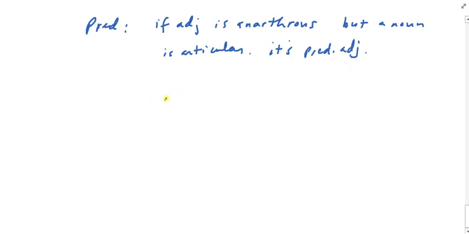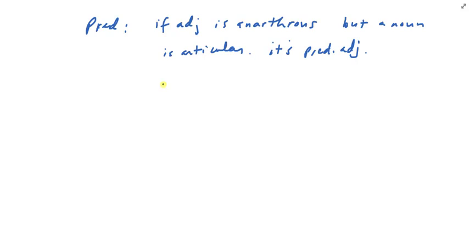So let's look at a couple of examples here. As you know, in Greek, this is really the only place where this creates a problem for us. In Greek, the copula, the verb to be, can be omitted. If the verb to be is explicit, you won't have any problems with identifying your predicate adjective, okay?